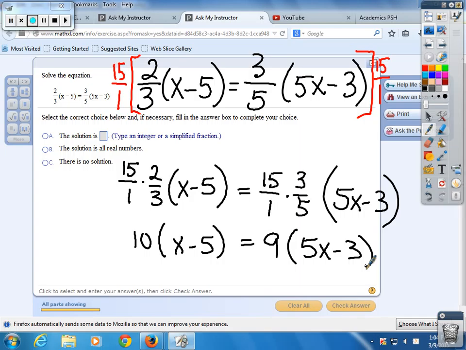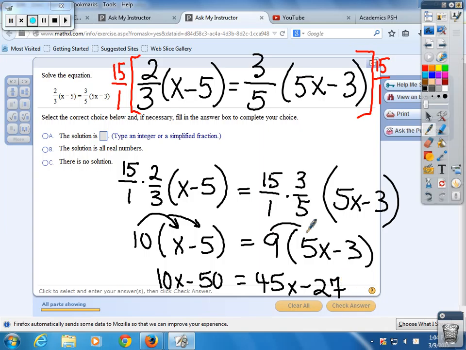Okay, now that you've got something that you can work with, what are we going to do next? Distribute. Which one's the smallest bucket? The 10x or the 45x? 10x.